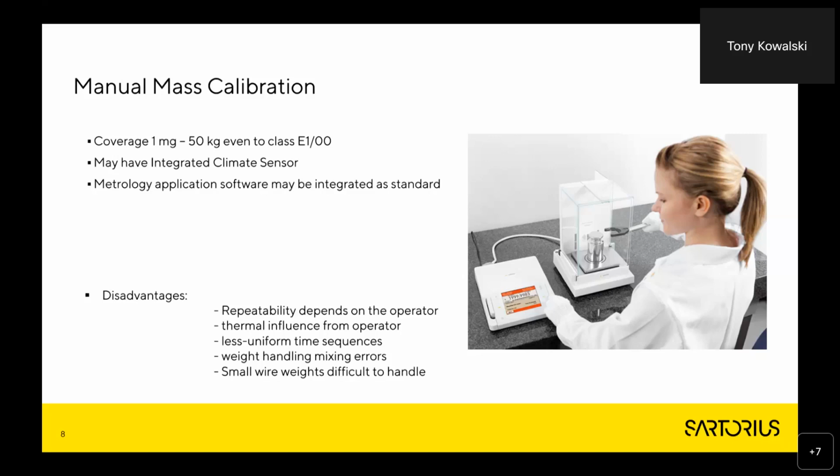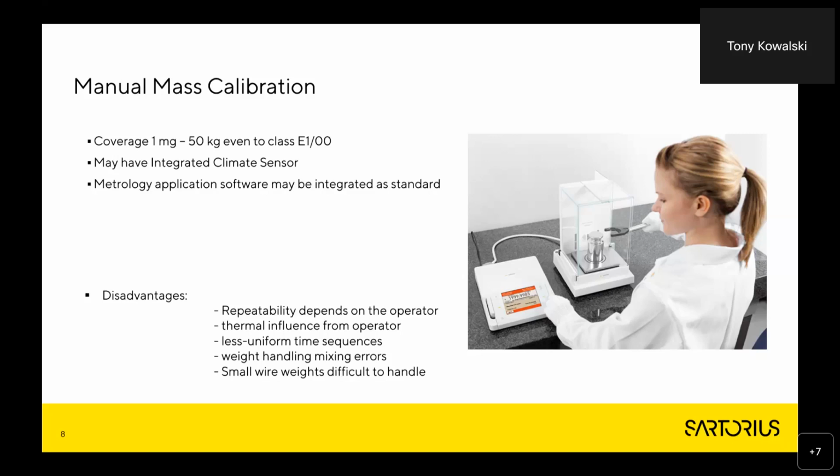And if we're calibrating E1 or E2 weights, we would also need to make an air buoyancy correction. So you may have an external climate station, or some of the newer comparators may even have a climate sensor built in, so they're able to measure temperature, humidity, and air pressure in order to calculate the current air density, and will make the correction.